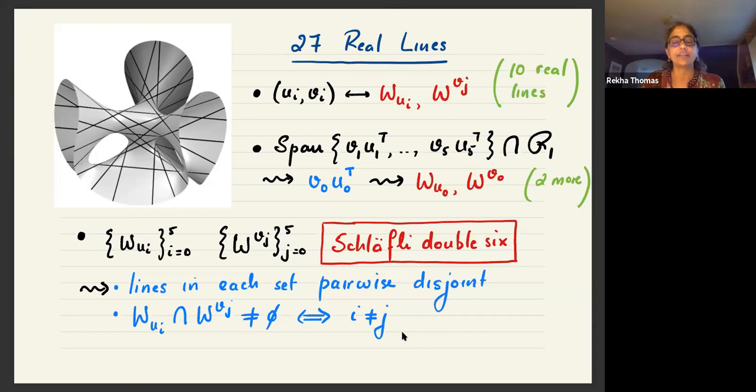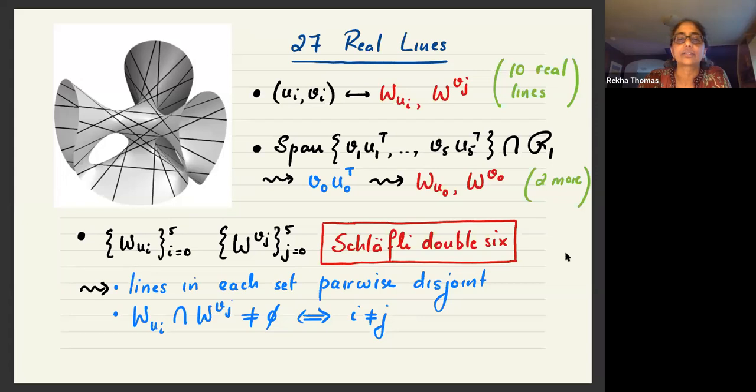Okay, so it has a very special intersection pattern. And that's exactly the definition of a Schläfli double 6. It's a set of 6 lines and 6 lines that have exactly this intersection pattern. And that's exactly the type of lines that come out of our walls from the data that we had.